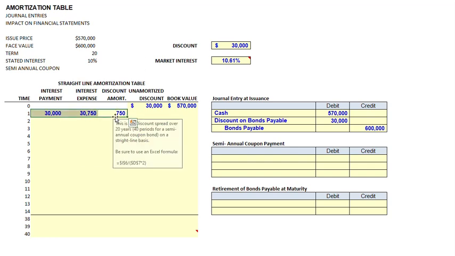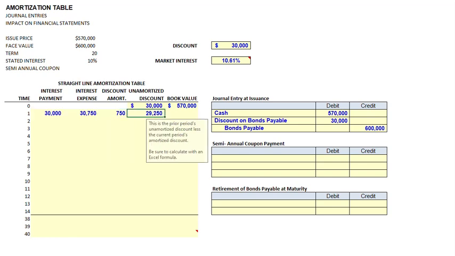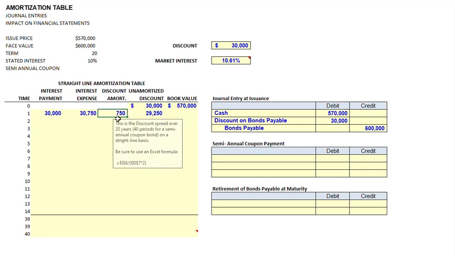These 3 amounts you'll see are the amounts that will appear in our journal entry for our semi-annual coupon payments. After 1 period, the unamortized discount is the $30,000 discount from the prior period minus the $750 discount that we amortized in the current period.